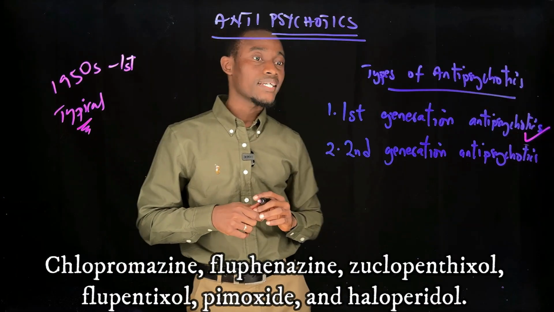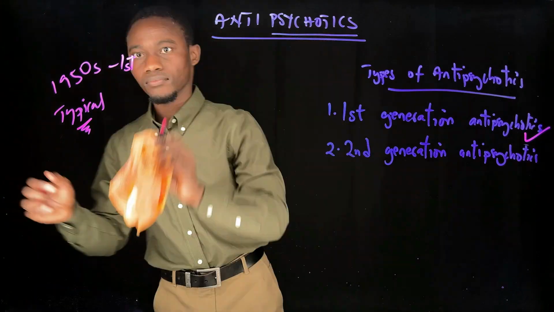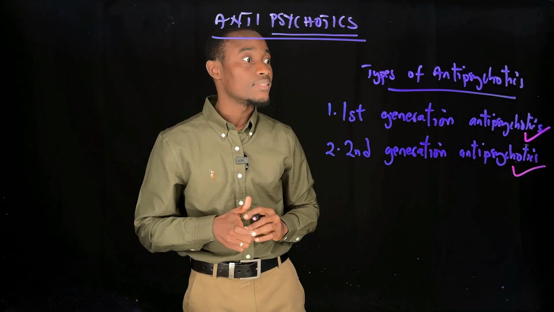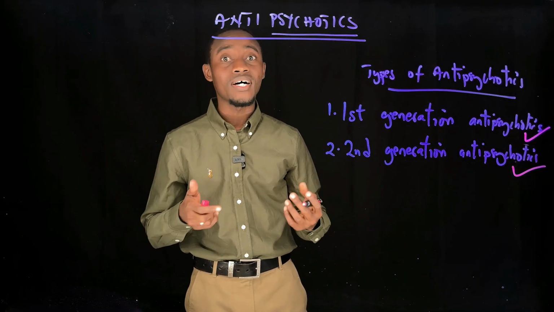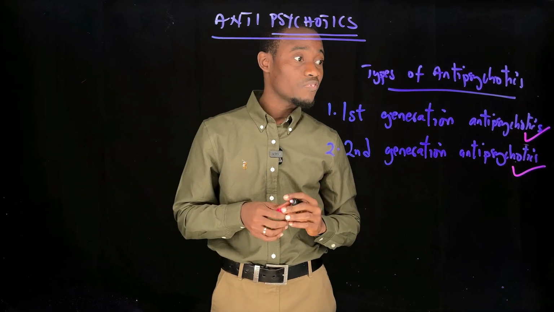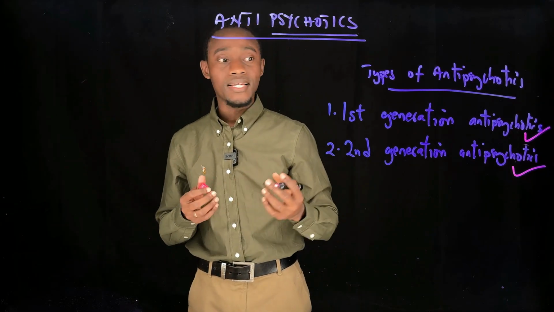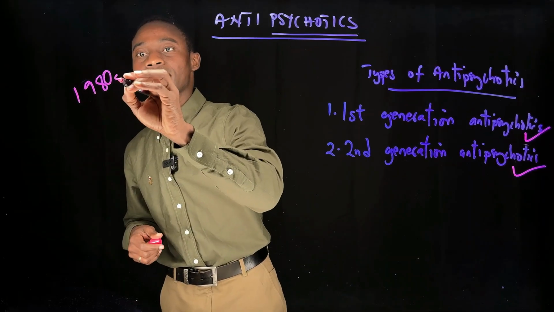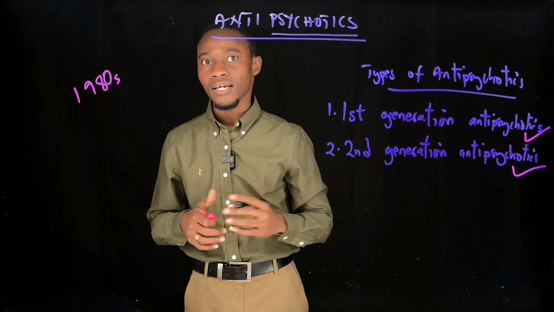Now let's move on to the second-generation antipsychotics. Second-generation antipsychotics are those antipsychotics that were produced several years after the first-generation antipsychotics were produced. The sources vary, but essentially, second-generation antipsychotics emerged in the 1980s, and they are called atypical antipsychotics.